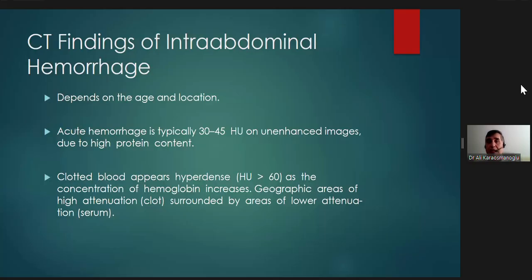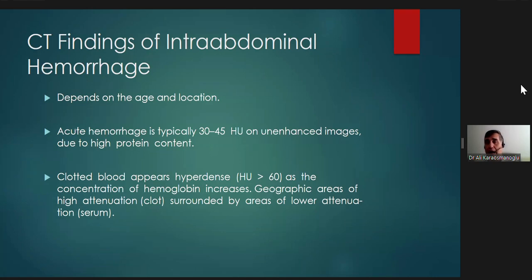So the CT findings depend on the age of the hematoma, whether it's acute, subacute, or chronic, and location. Acute hemorrhage typically measures 30 to 45 Hounsfield units on pre-contrast unenhanced images. High protein content is believed to be the cause of this relatively high attenuation.